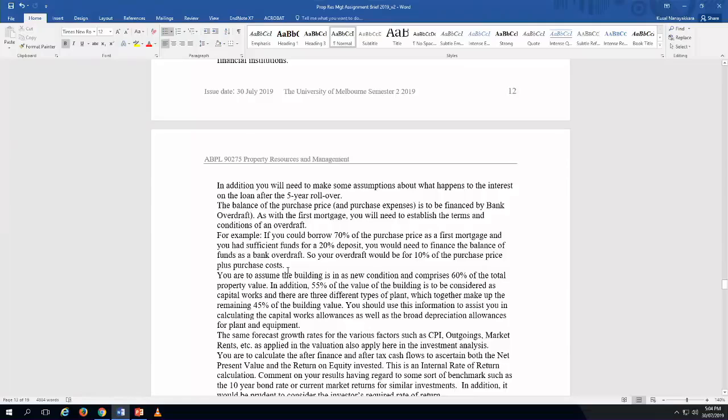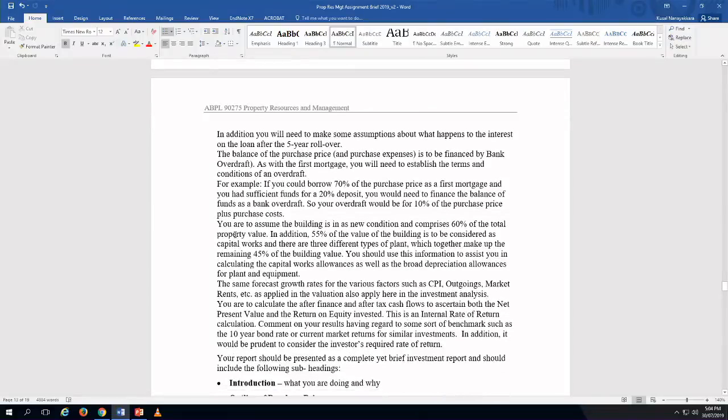Overdraft is not a very good option, because the interest rate is quite high on overdraft. Right? That should be the last option. But still, you could use overdraft.